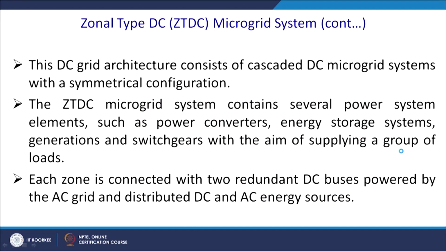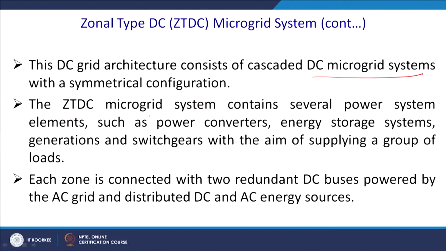So, what are the features of it? The DC microgrid consists of cascaded DC microgrid systems with a symmetrical configuration. Mostly the loads have to be symmetrical, or mostly the entities that are present in zone 1 and zone 2 are symmetrical.